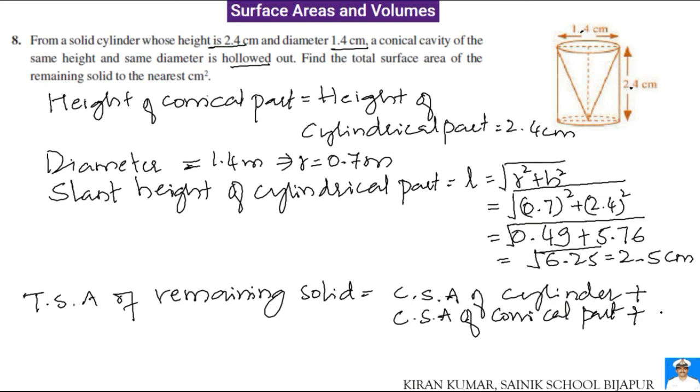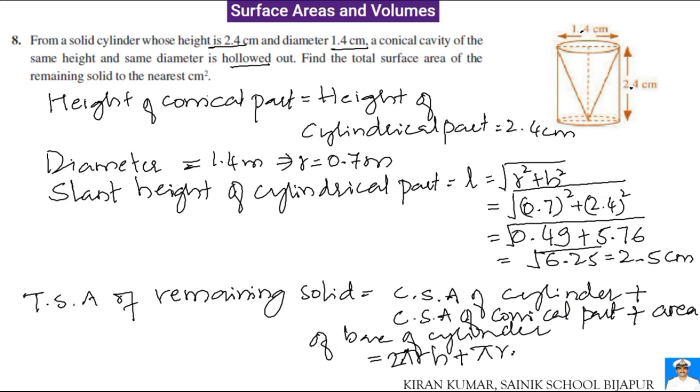So plus area of base of cylinder. Let me write the formula here. It's 2 pi rh, curved surface area of cylinder, plus for the cone it is pi rl, plus the area of the base is pi r square.